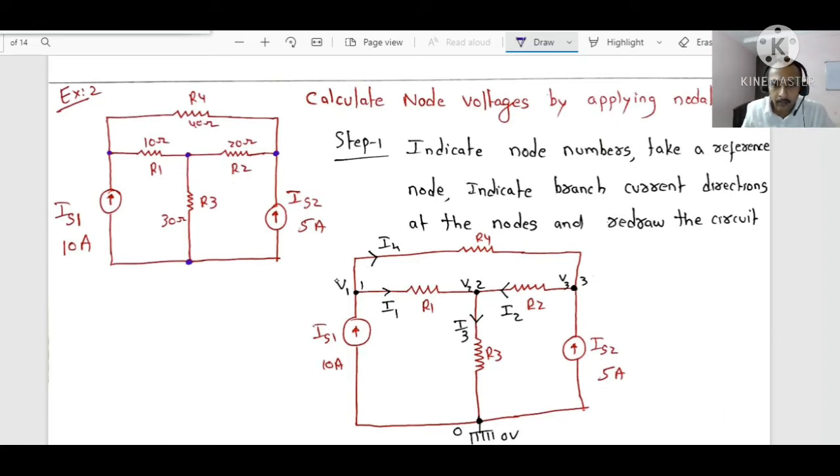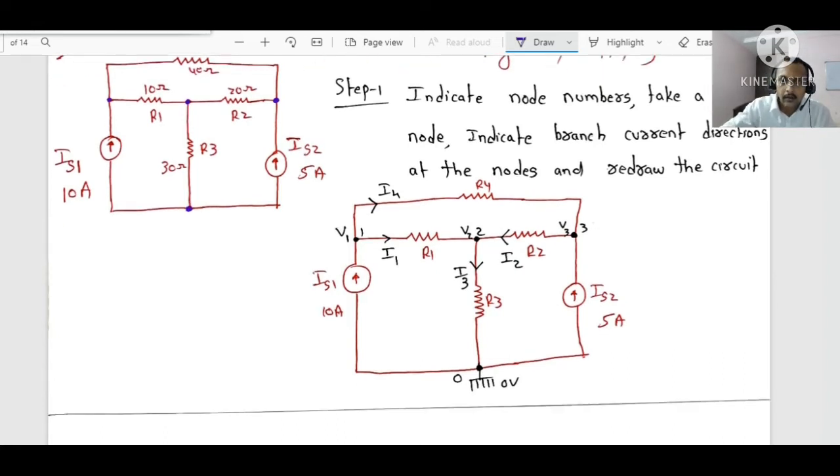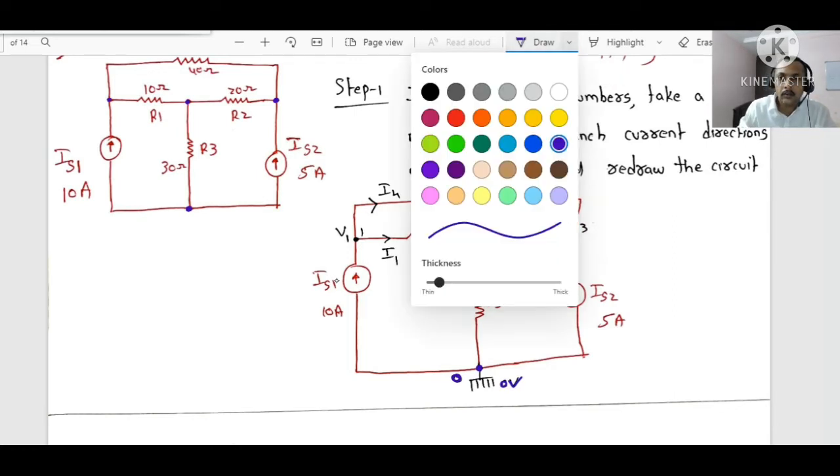Out of these 4 nodes, we take one node as a reference node. So this node is taken as the reference node, 0 volts, and I will indicate it as the 0th node. The voltage at that node is 0 volts.